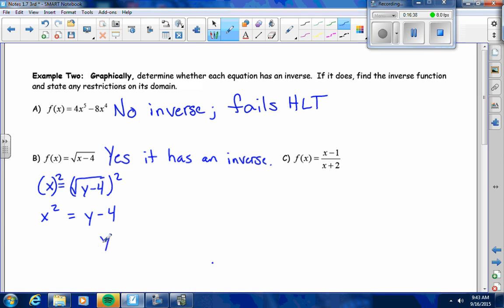Add 4. So y equals x squared plus 4. That is the inverse function. So instead of y, I'm going to put y inverse to show that that is the inverse function. Or we could write it as f inverse of x equals x squared plus 4.